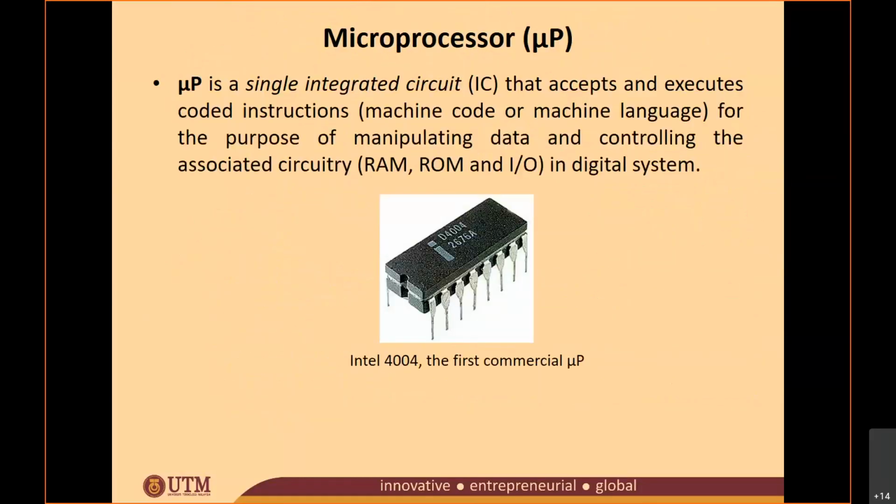So now we're going to see the CPU. As I mentioned earlier, we have 2 types of CPU. One is a microprocessor and the other one is a microcontroller. Now we are going to see the difference between microprocessor and microcontroller. The microprocessor is a single integrated circuit that accepts and executes coded instructions, in machine code or machine language, for the purpose of manipulating data and controlling associated circuitry such as RAM, ROM, and I/O in a digital system.